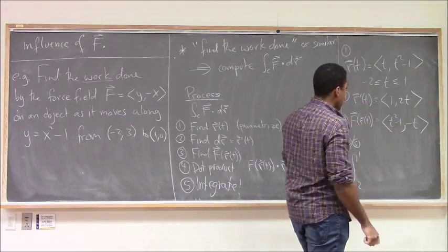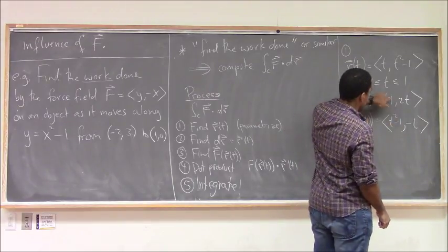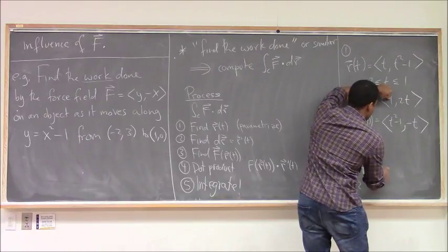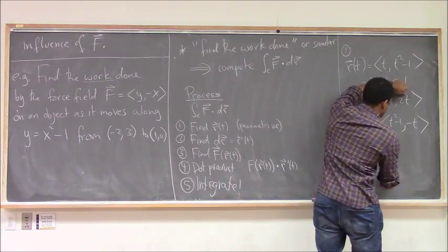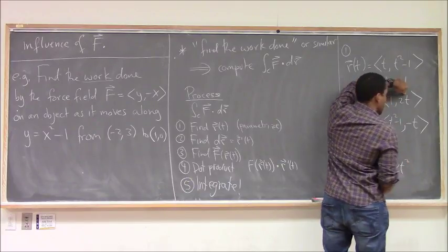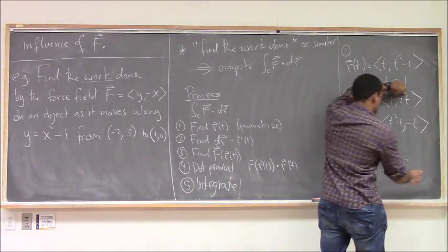Now I'm going to dot product those and then integrate. So it's this times that, t squared minus 1, plus this times that, minus 2t squared.